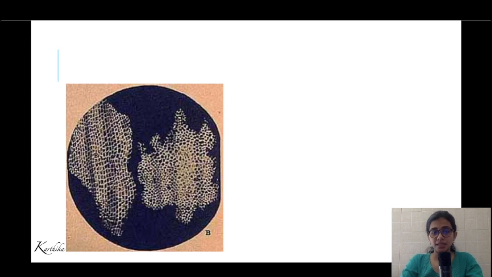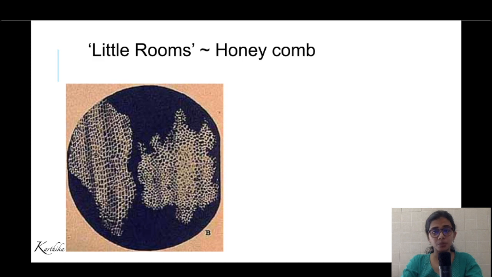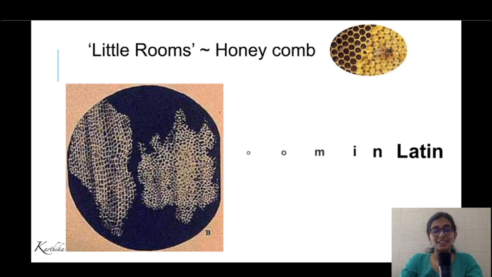As you can see, there are little compartments inside it, and these little rooms look a lot like those in a honeycomb. See, they're so similar. Room in Latin is called cell. That's how Robert Hooke coined these little compartments or little rooms as cells.